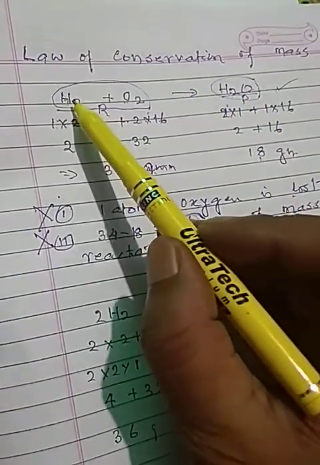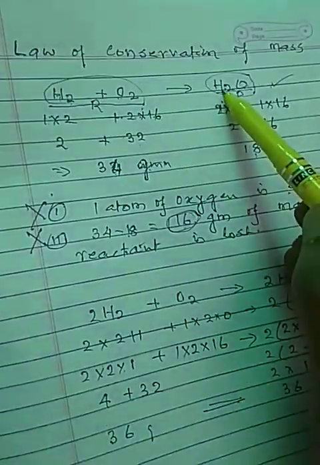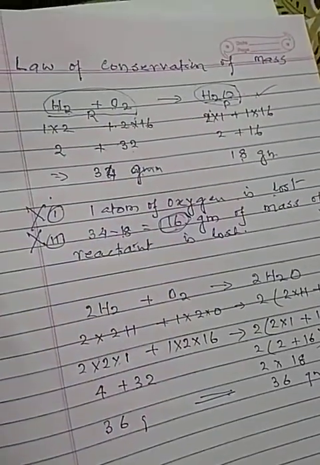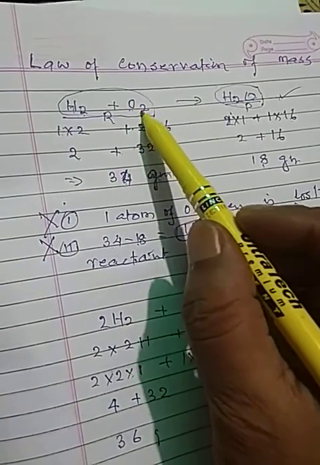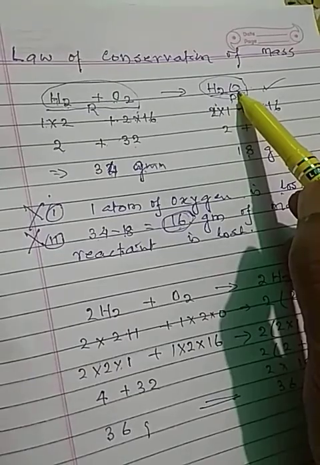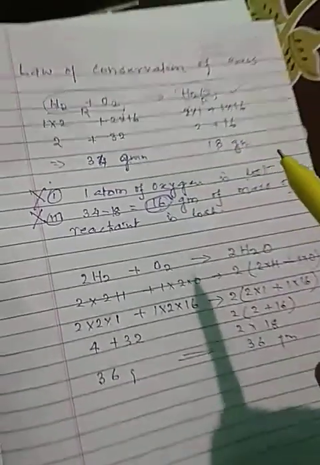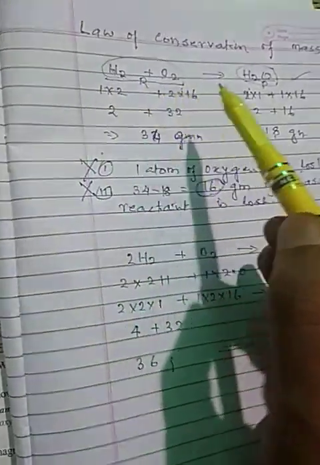So the number of hydrogen atoms on the reactant side as well as the product side are the same, but the number of oxygen on the reactant side is 2, while the number of oxygen on the product side is 1. So this is a skeleton equation.